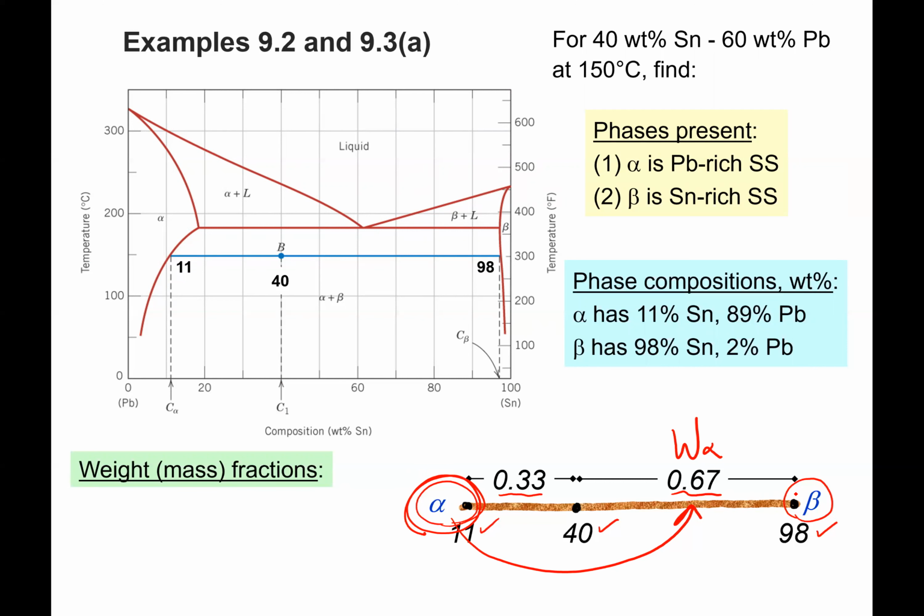The beta is over here on the right side, and so the left side piece over there is my weight fraction of beta. That's how I remember which one it is, the inverse lever rule. And that's the only case where the inverse lever rule is used in these types of problems. All right, so those are my answers.